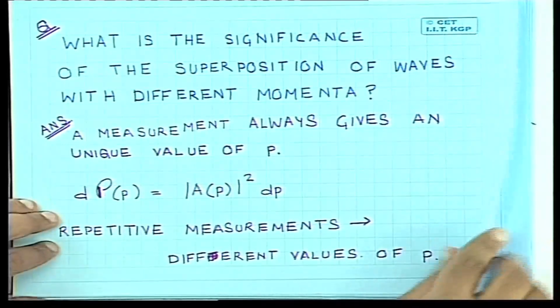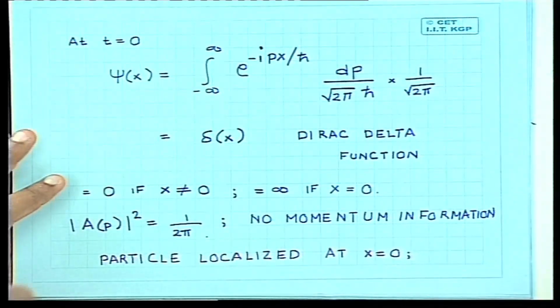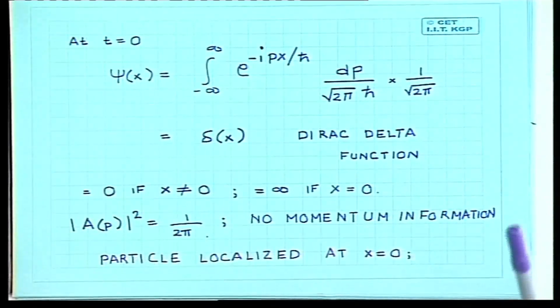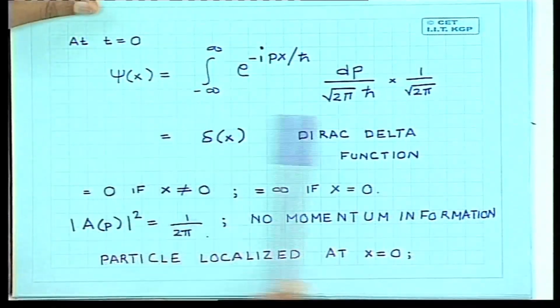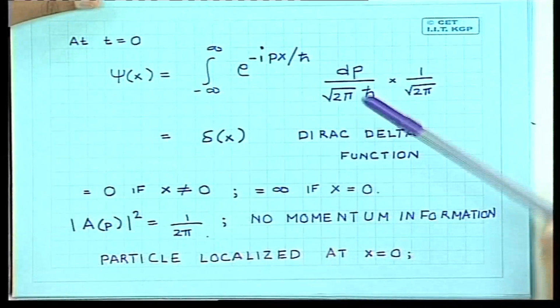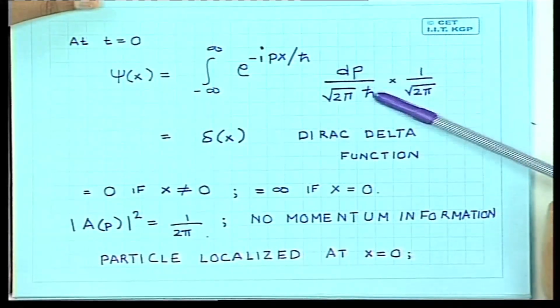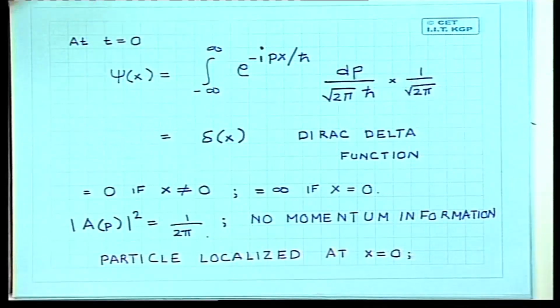Now, we had used the superposition principle to construct a wave function at a particular time instant t equal to 0. In this particular case, all the momentum values have got equal weightage, 1 by square root of 2 pi.